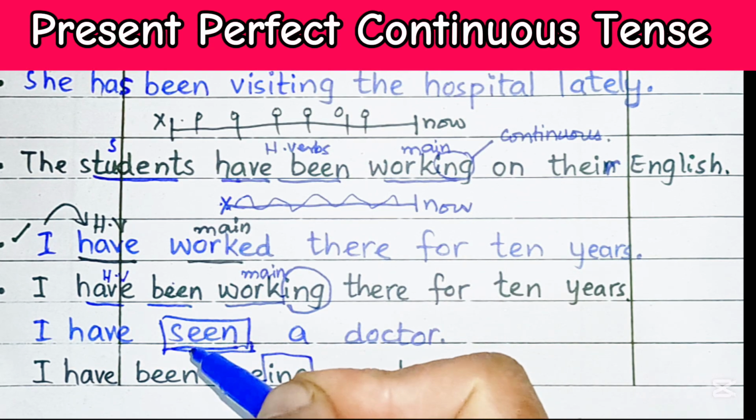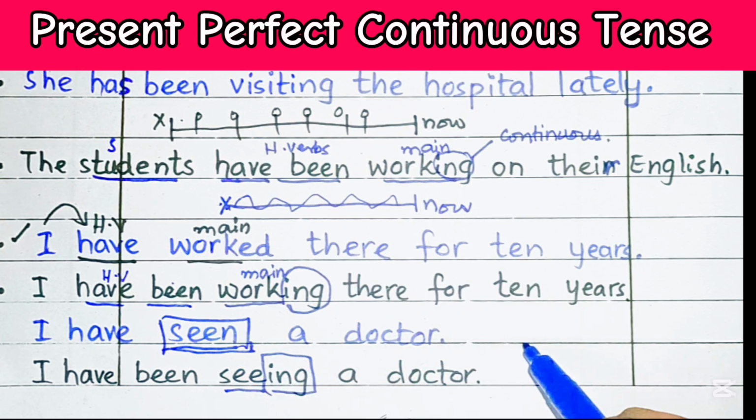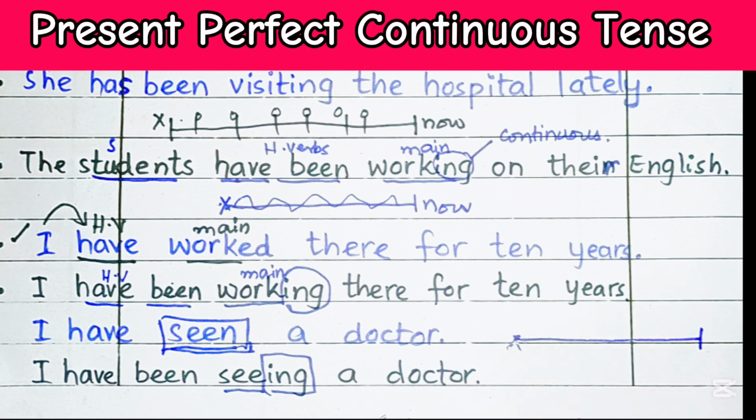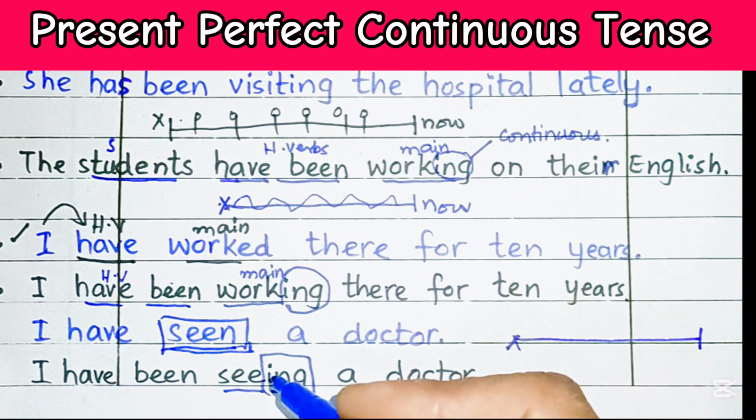It has some hidden meaning that there may be one visit or more than one visit. So if I say it in the present perfect continuous tense, there is a big difference between present perfect and present perfect continuous tense, these both sentences.